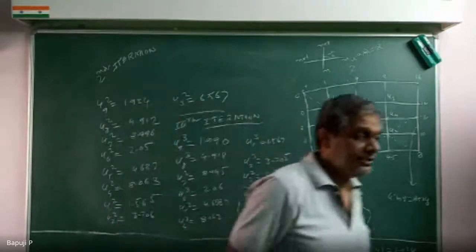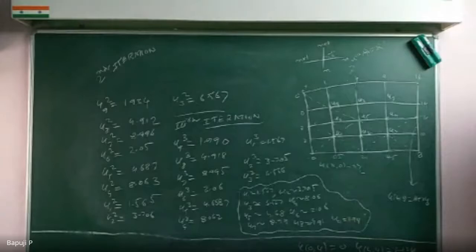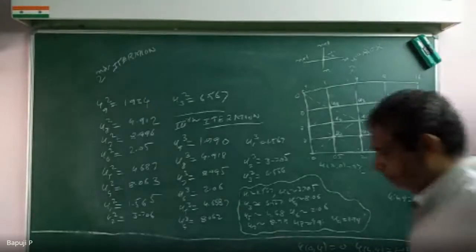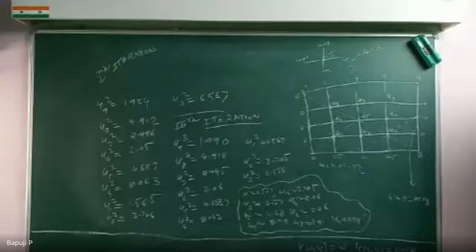Sometimes it may go 6 and 7 iterations also. So when will you stop, sir? Till which iteration should we do, sir? Always you can do 4 iterations. How will you know when to stop the iteration, sir?